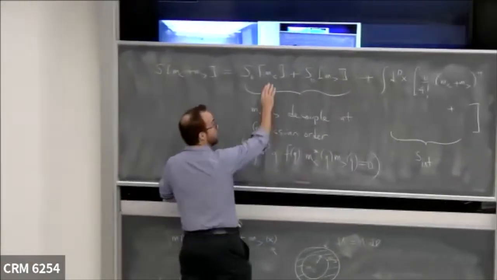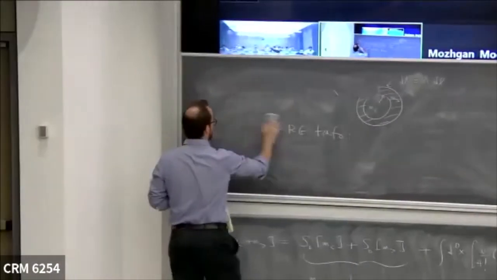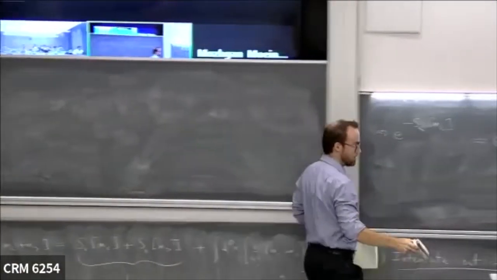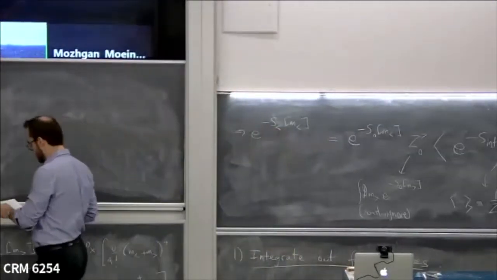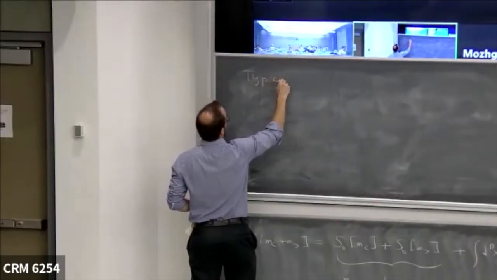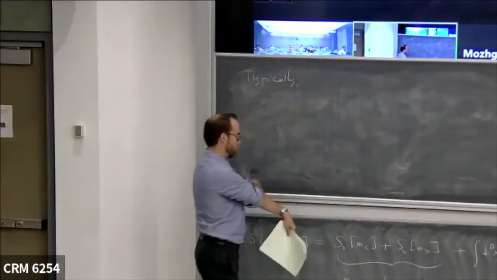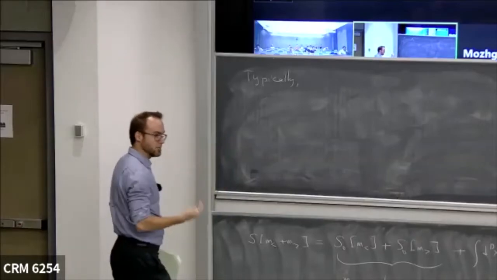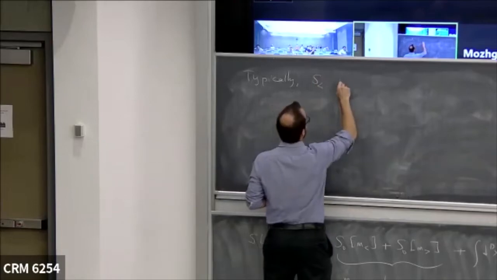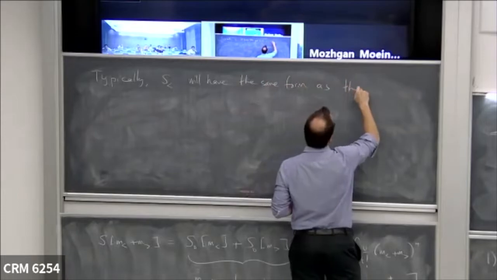Without doing an explicit computation, what do we expect to get? As we'll see, if we do this with this infinitesimal shell, what we'll get is an effective action that has the same form as the original action, but with different couplings.